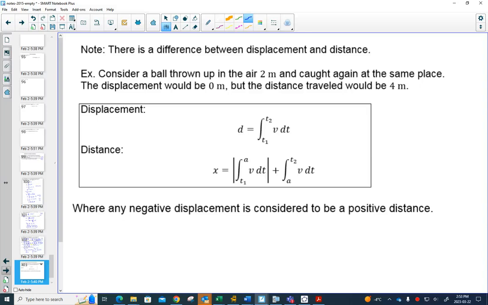When we integrate for the distance, we have to take into consideration that that negative velocity is an area underneath your x-axis, under the curve. And so when I throw this up and have it come back down, I would have, with my integral, got a positive displacement, then a negative displacement that canceled each other out. But if we took that negative displacement, put absolute value bars around it, made it positive, then we would get our answer.